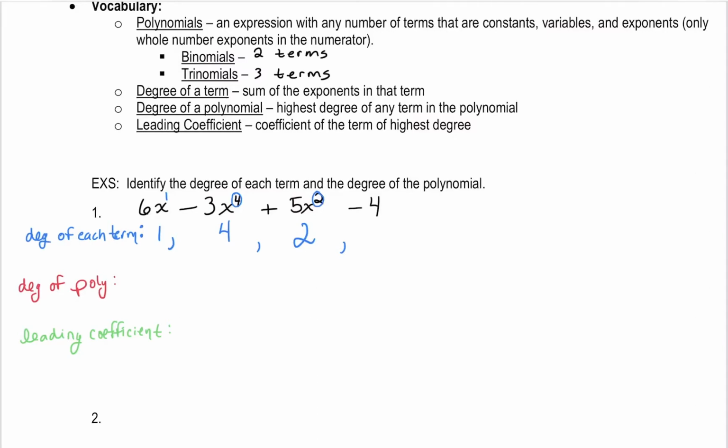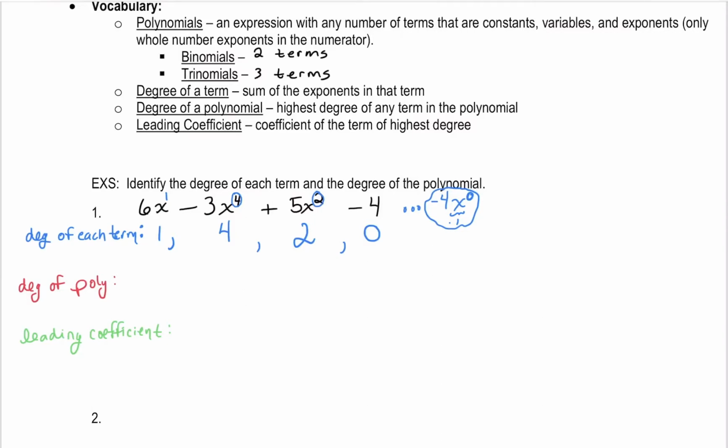A degree 1 term is x to the 1st. If there's no x, it's x to the 0. You could also think of it as an x to the 0 term, because anything to the 0 power is equal to 1, so negative 4 times 1 would be equal to negative 4. You can think of that last term that way if you wanted to.